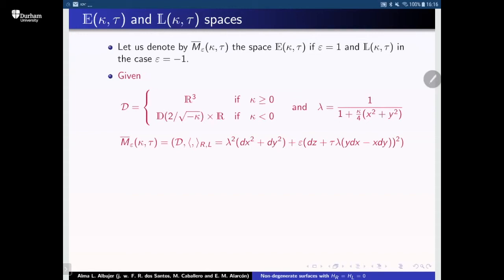The difference between both of them, of course, is the metric. We define over this topological manifold a metric that depends on an epsilon. When epsilon is equal to 1, we get a Riemannian metric, so we get the space E kappa tau, and when epsilon is equal to -1, we get L kappa tau.